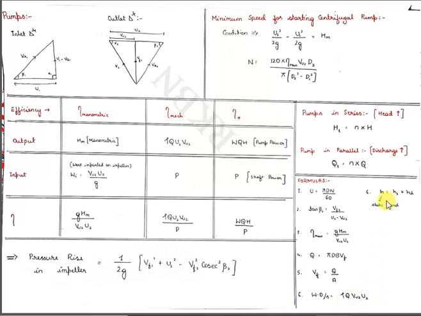The final formula here is static head, that is head at the suction end plus head at the delivery end. We may have missed a few formulas, such as hf equals 4 f l v square by 2 g d, which should also be noted down.